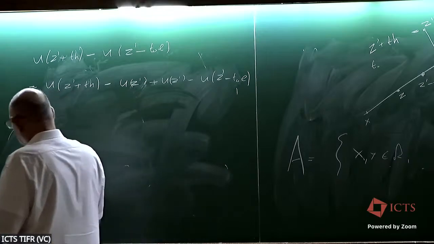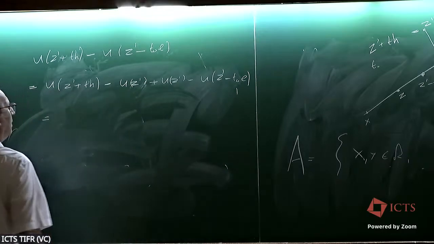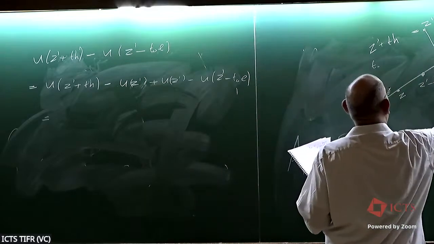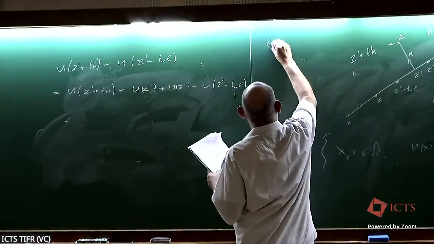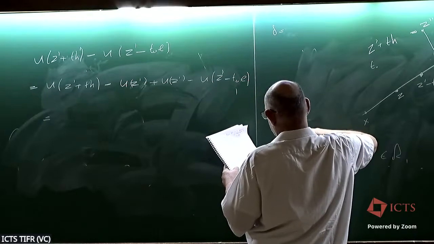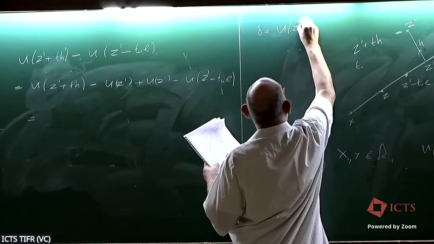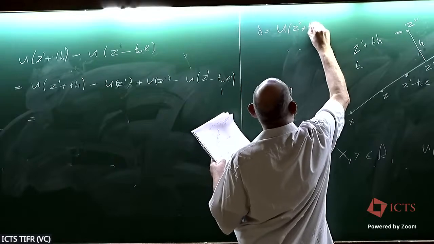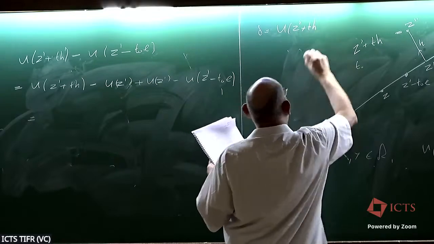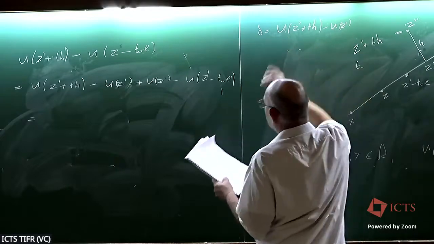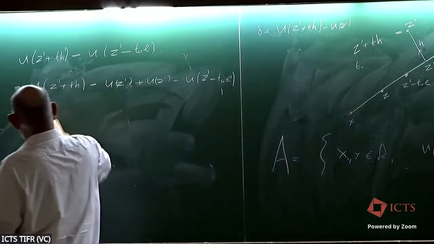So, okay, let's call delta the difference between here and here. So delta will be u at Z prime plus TH minus u at Z prime. This is the number delta.